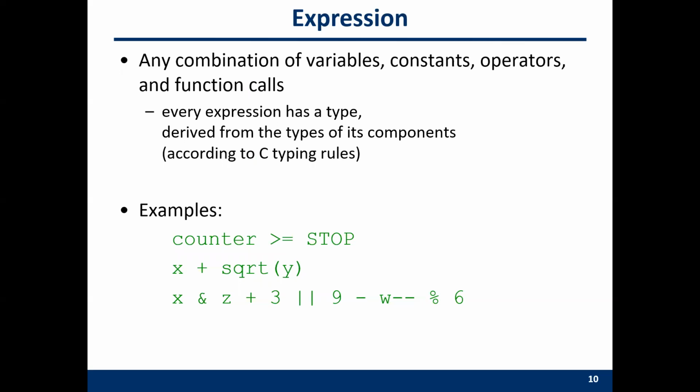You can check whether this counter is larger than this stop value. This is a square root function, and the value of this one will have a type. You can have more functions, more expressions.